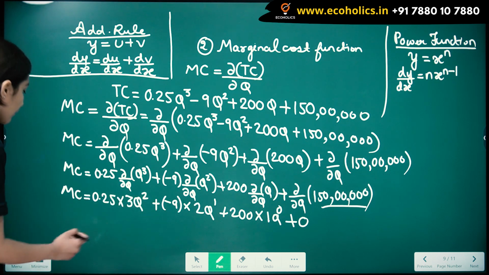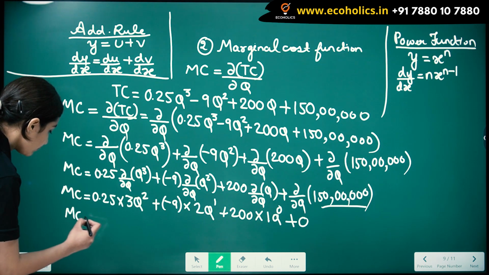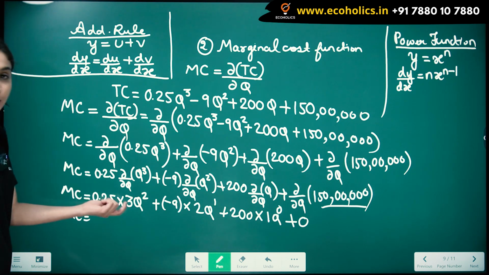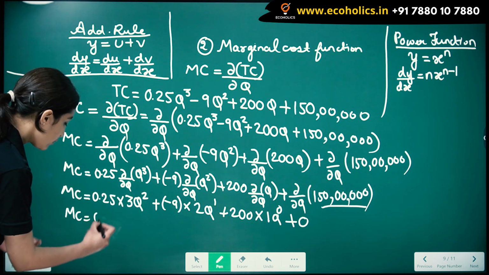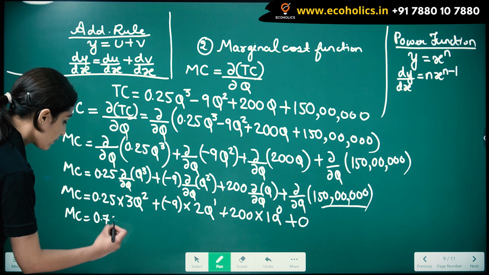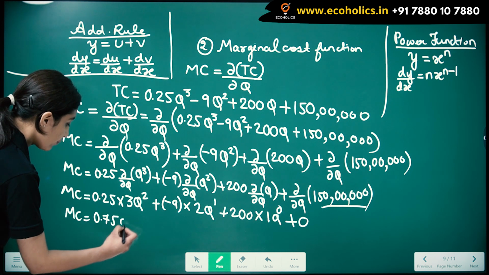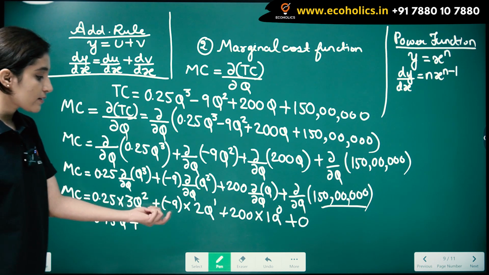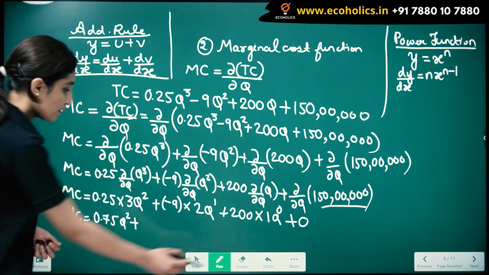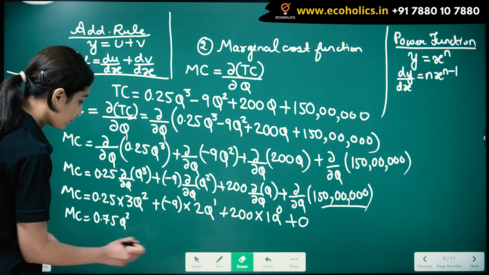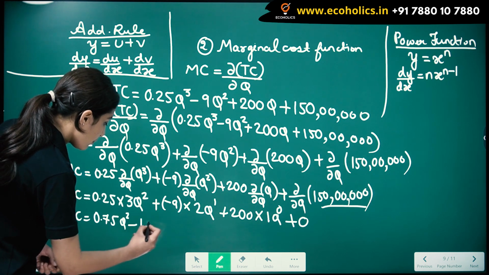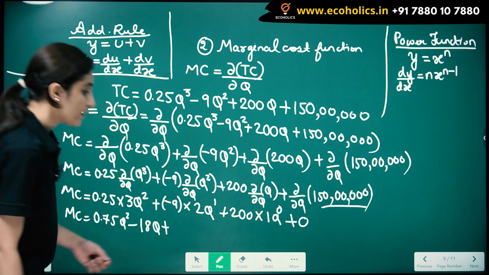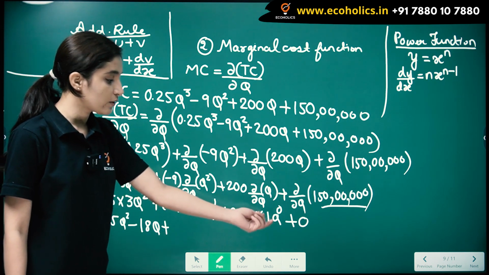So now further simplifying this, what we get is marginal cost is equal to 0.25 into 3. This becomes equal to 0.75 q square plus, now minus 9 into 2 is minus 18. So we are going to write this as minus 18 q plus 200 into q raised to 0.